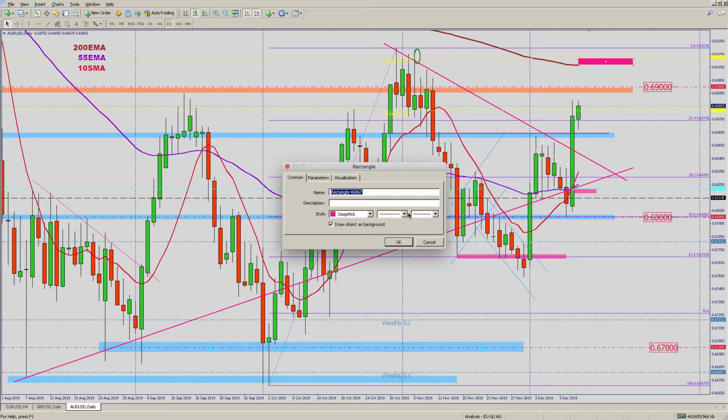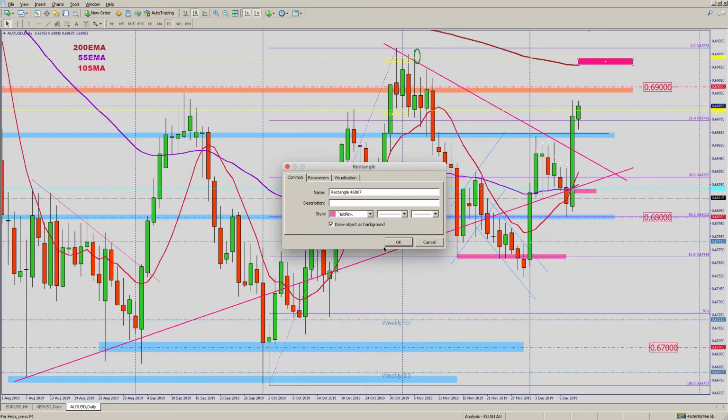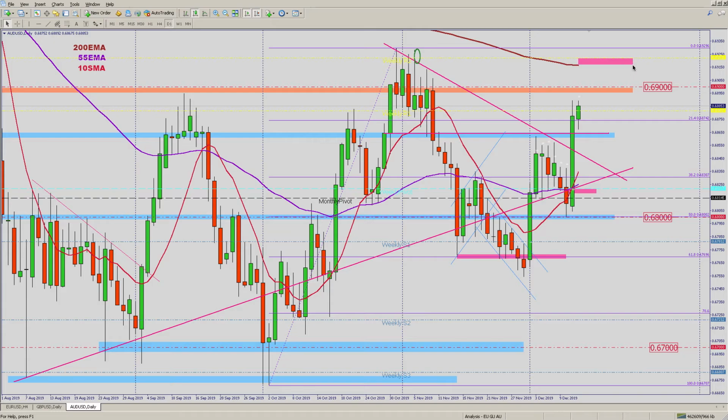So that's another potential resistance zone, and where it could form a reversal. So we have to watch out for the price action there.